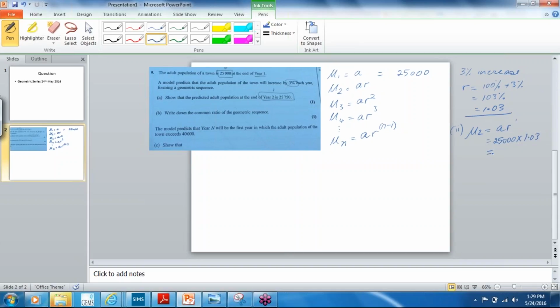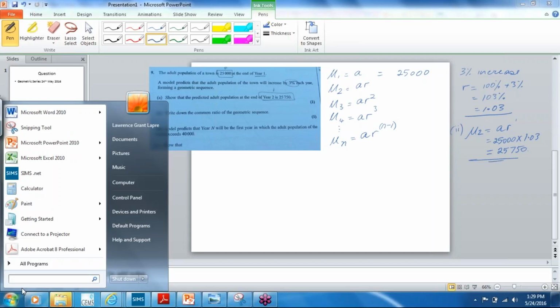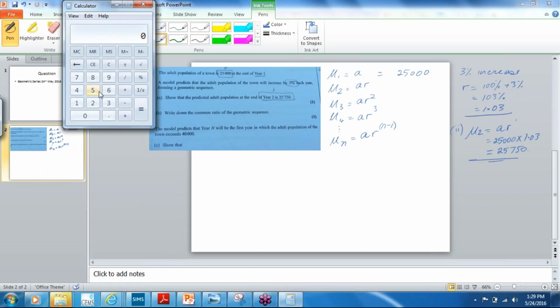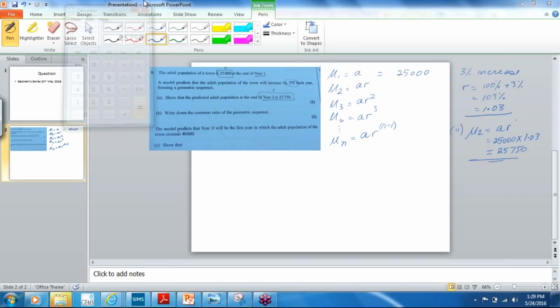So 25,000 on your calculator times 1.03, and that is 25,750. We could have shown that using a calculator like this: 25,000 multiplied by 1.03 equals 25,750.